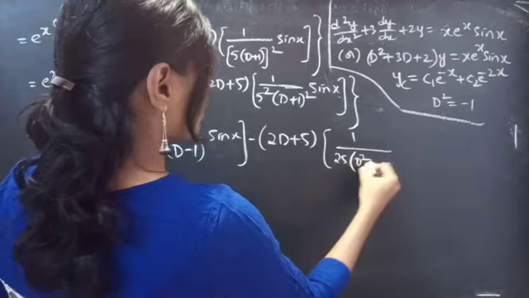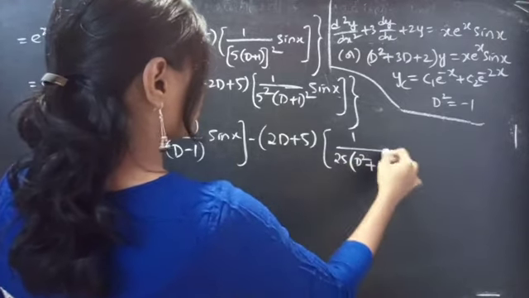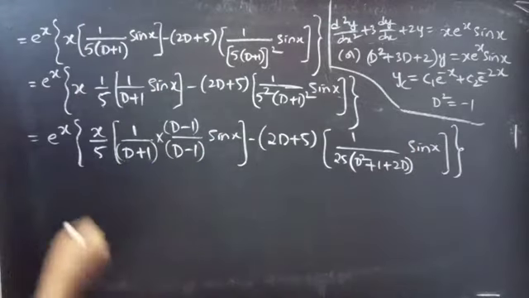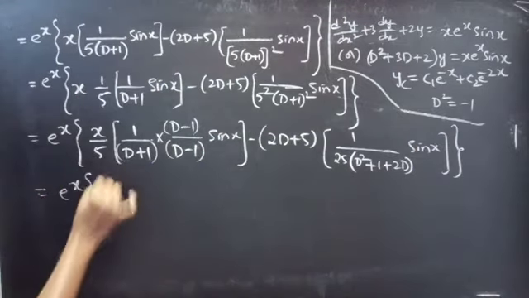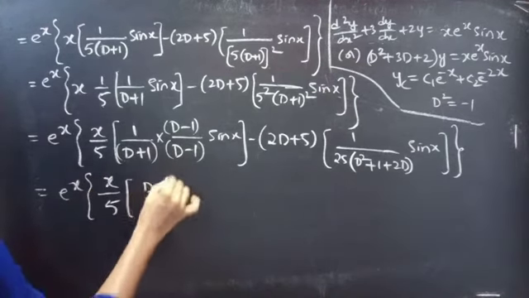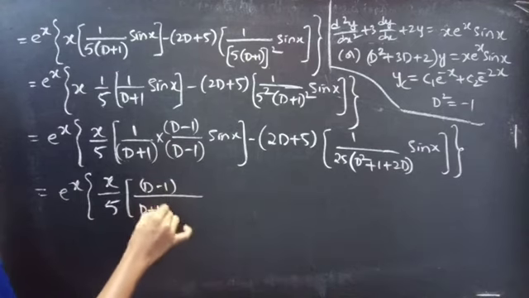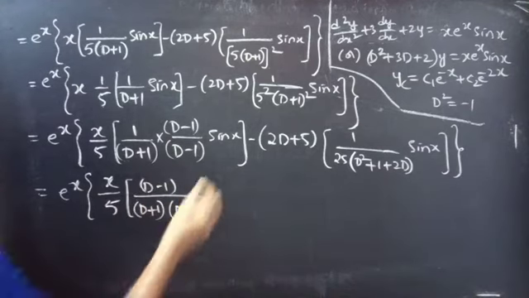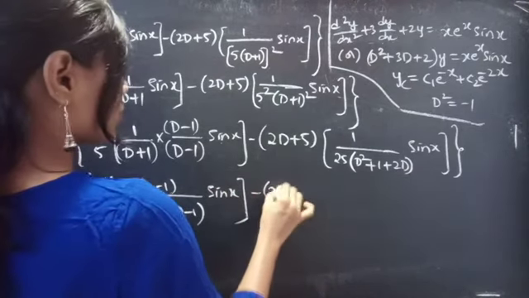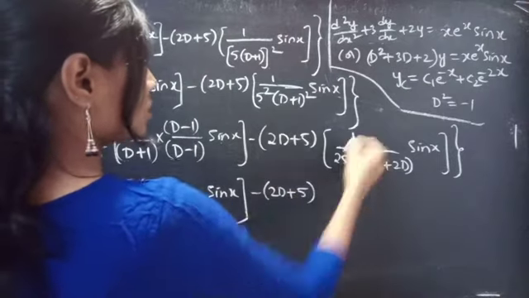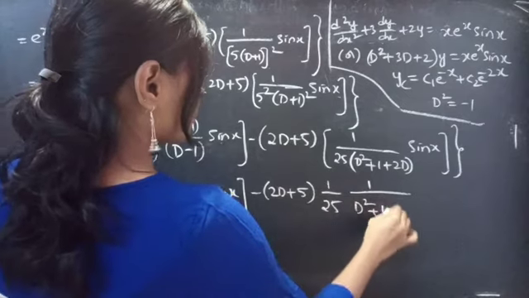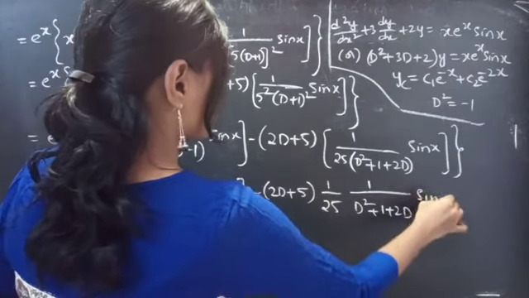Expand this: d square plus 1 plus 2d into sin x, which equals e power x into x by 5 into d minus 1 by d plus 1 into d minus 1 into sin x, minus of 2d plus 5 into, now split this fraction as 1 by 25 into 1 by d square plus 1 plus 2d into sin x.